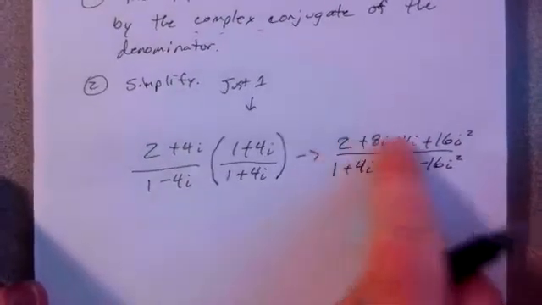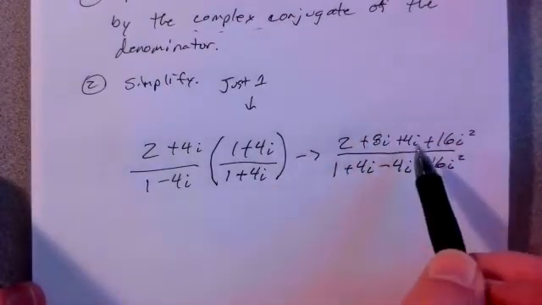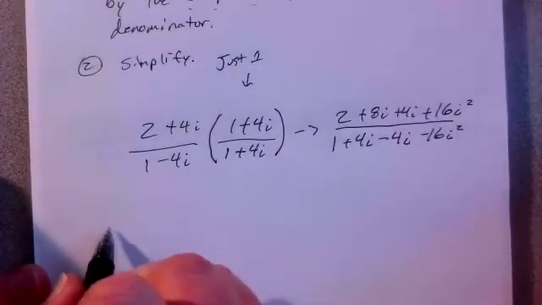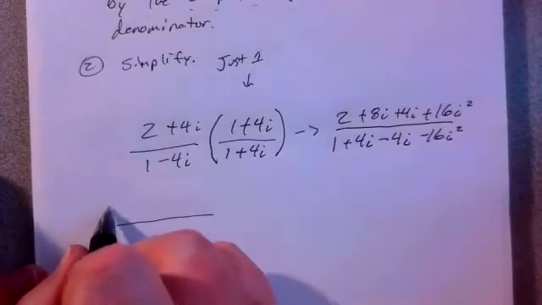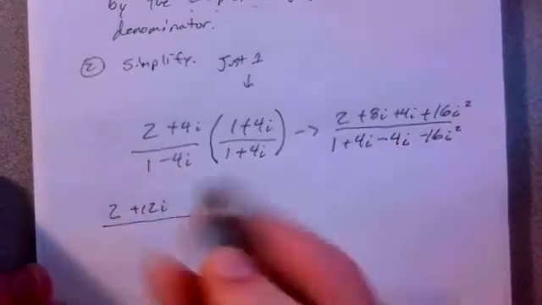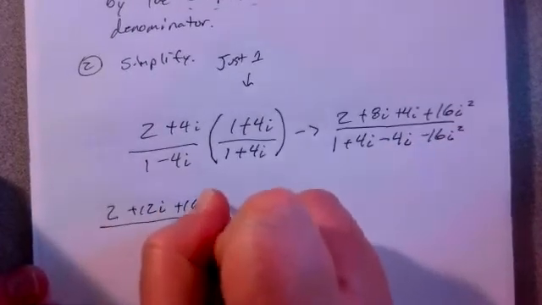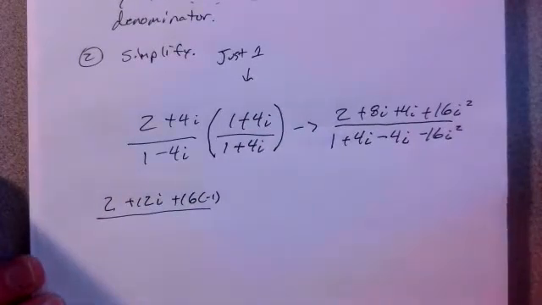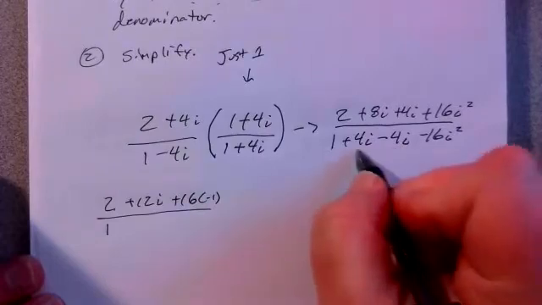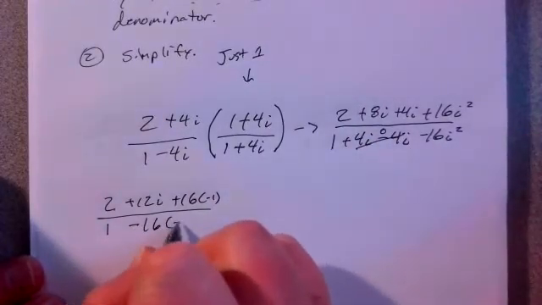All right, so this is where I'm going to clean it up. I'm going to take 2 steps with my numerator, 2 steps with my denominator. Combine my like terms and switch i squared to -1. I'm not messing with that 2. 8i plus 4i is a positive 12i plus 16 times -1. On the bottom, I have 1. 4i minus 4i is 0, so I don't need it. Minus 16 times -1.